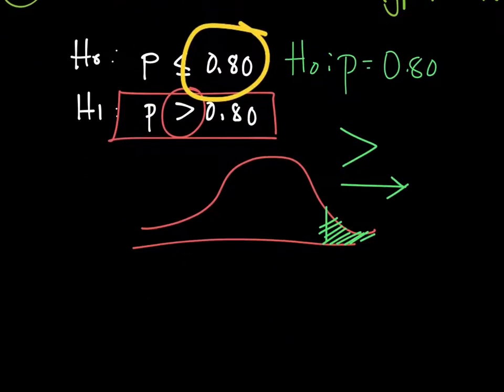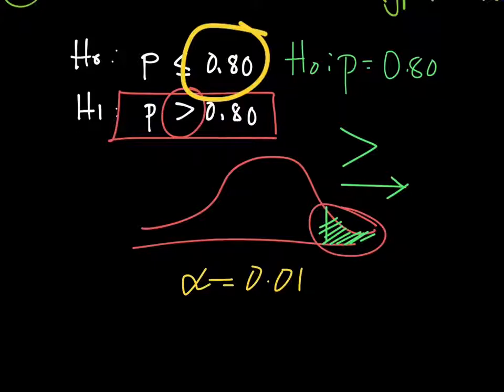Since the area of rejection is the area alpha, and our alpha is equal to 0.01 because it's 1%, there is no need for us to divide the alpha by 2, because dividing alpha by 2 is needed only for two-tailed tests, but this is just a one-tailed test.